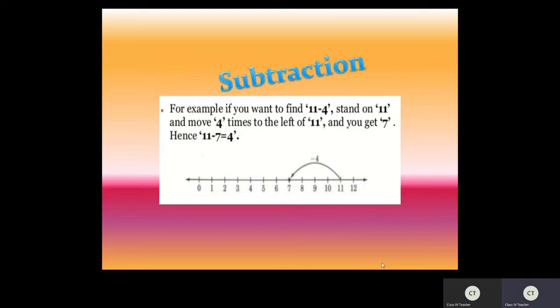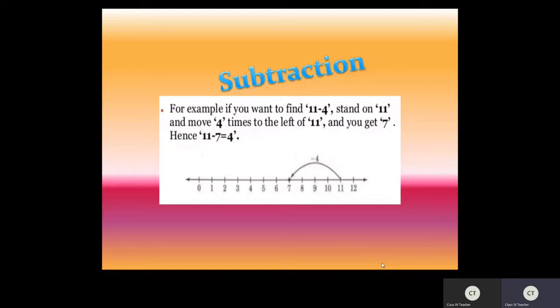So 11 minus 4, what is our answer? 7. So if you reverse it, 11 minus 7. If you just go on, you should get the answer 4, because it is also vice versa.